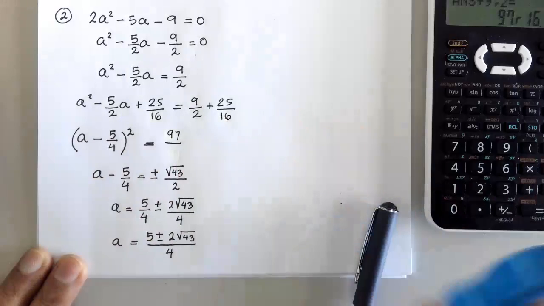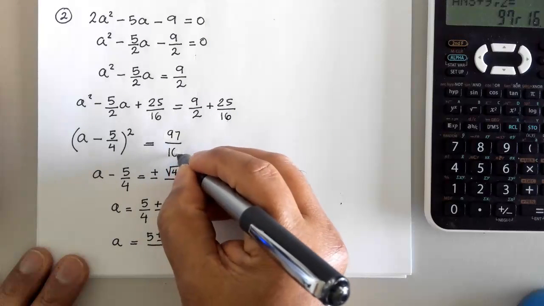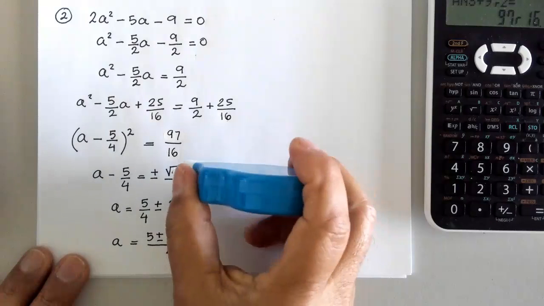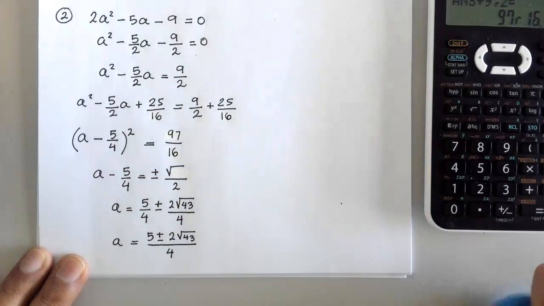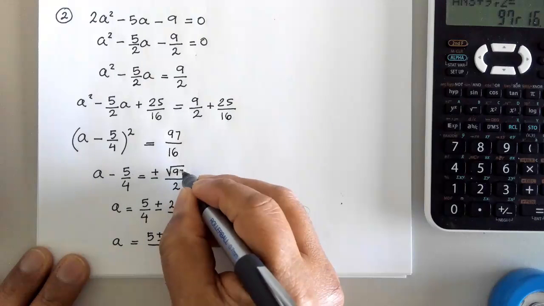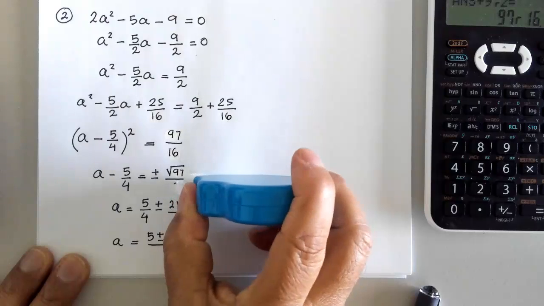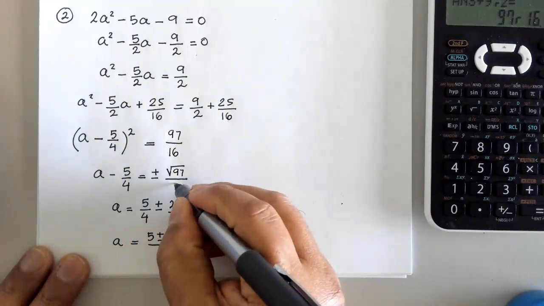So one wrong number changes everything. And then these have to be 97. So it's 97, but this is now 4.